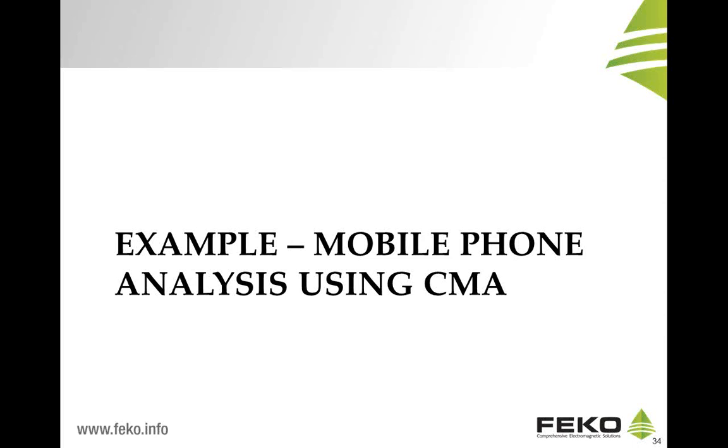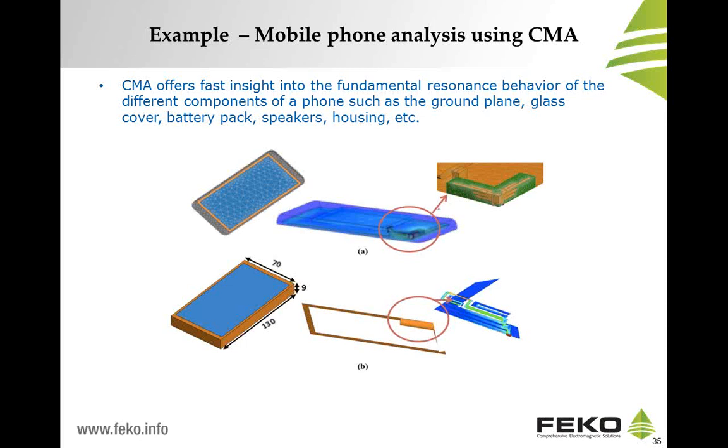Now, a topic that is typically associated with characteristic mode analysis is that of mobile phone design. Mobile phone design with CMA is useful because characteristic mode analysis offers fast insight into the fundamental resonant behavior of the different components of a phone, such as the ground plane, glass cover, battery packs, speakers, housing, and so on.